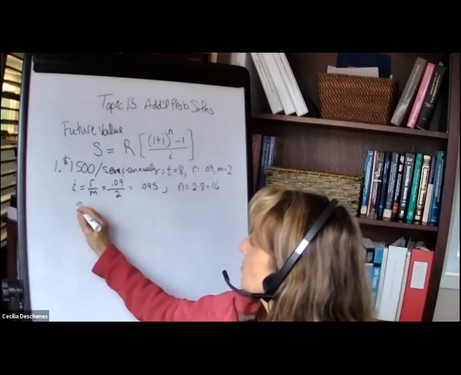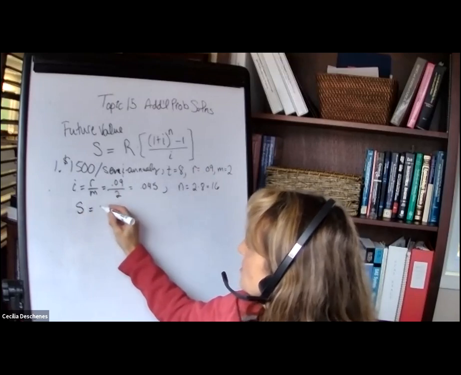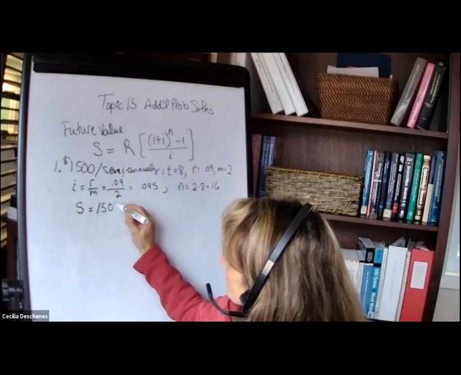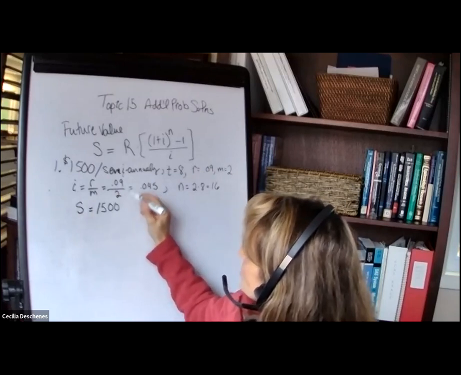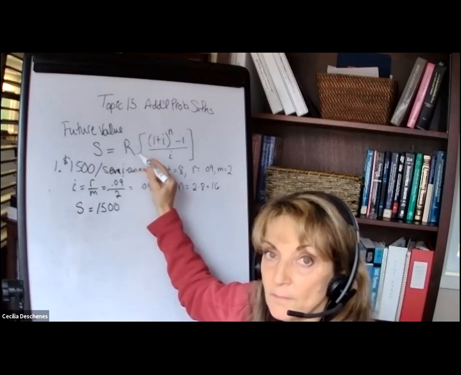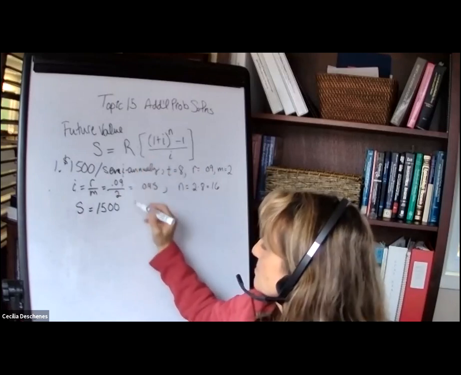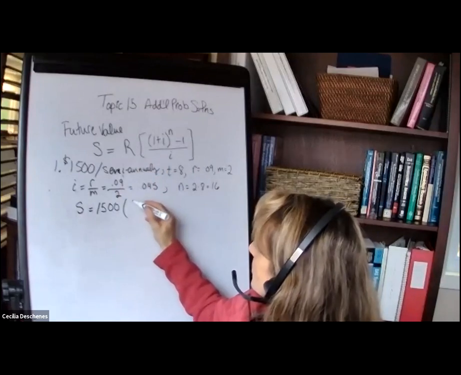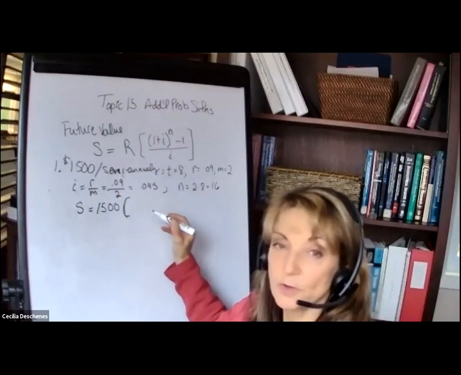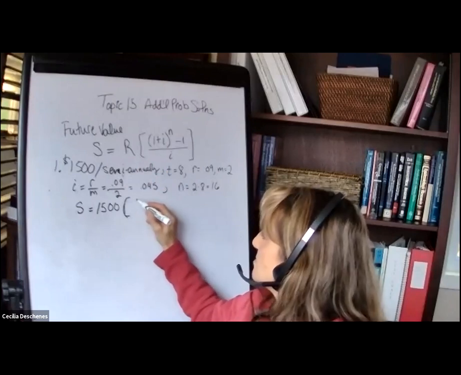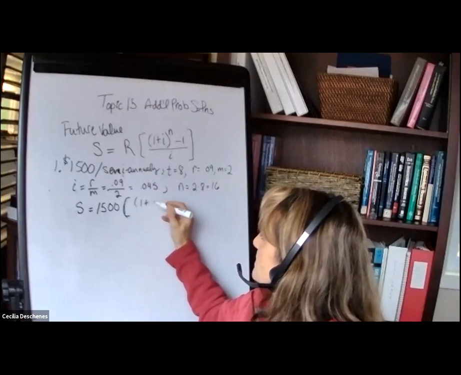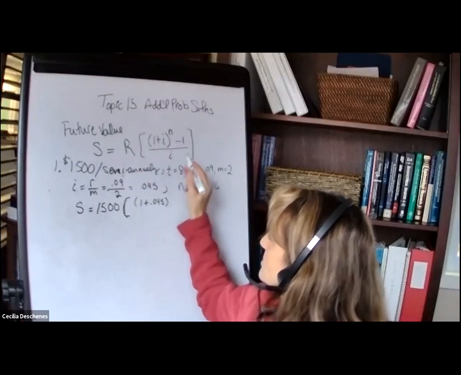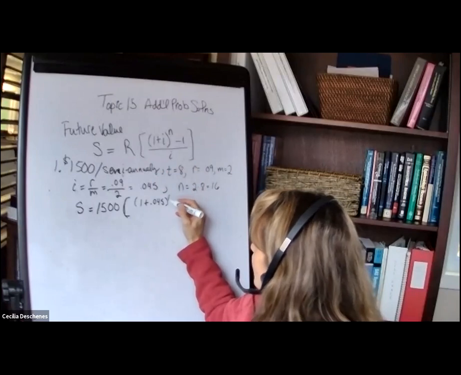So our total sum is going to be 1,500, which is the payment that's made twice a year, and we can put, there's no difference between the square and the round brackets, but it makes it easier to see, 1 plus the i, which is 0.045, and now this little exponent inside this big bracket is 16.